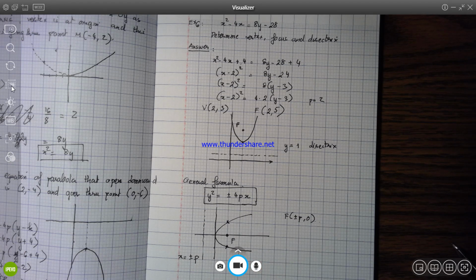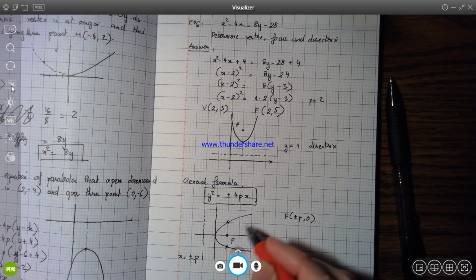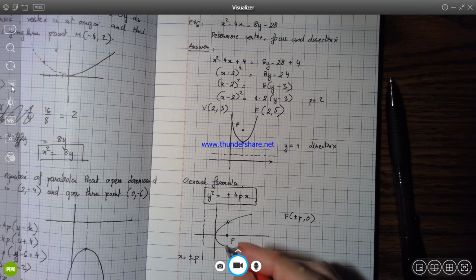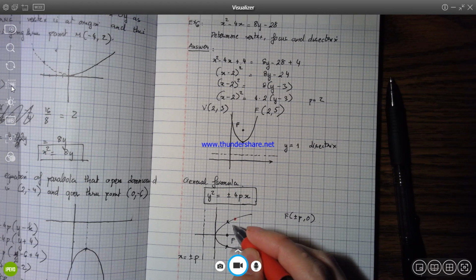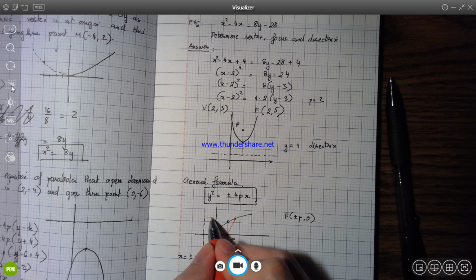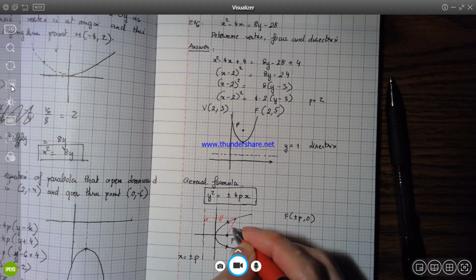And if we pick any point on the parabola, and my parabola again is not to scale, and you connect it to the focus and draw a perpendicular to the directrix, they should be congruent.